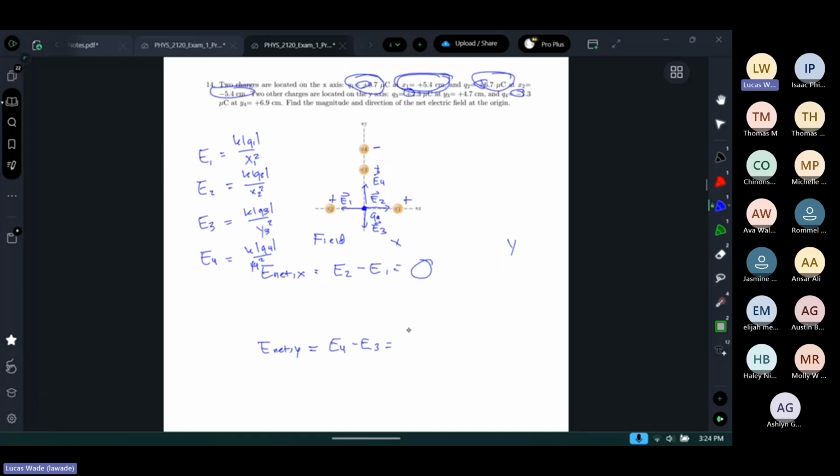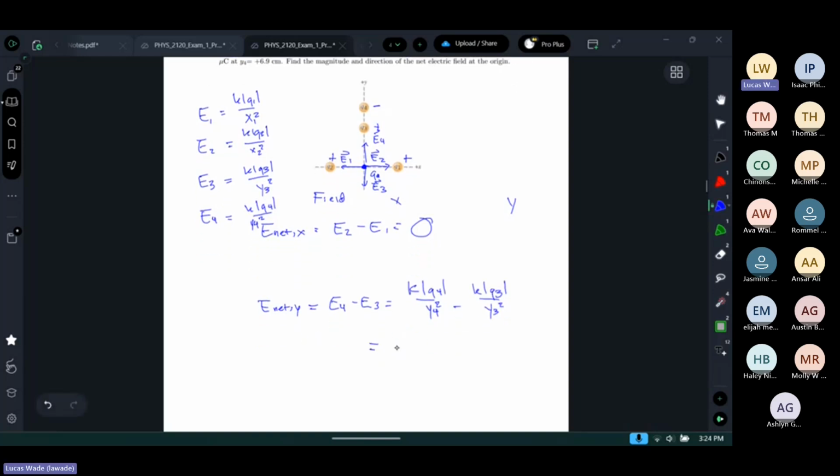So it would be K Q4 over Y4 squared minus K Q3 over Y3 squared. Or I'll factor out K. It is useful to do that because it saves you calculator work.